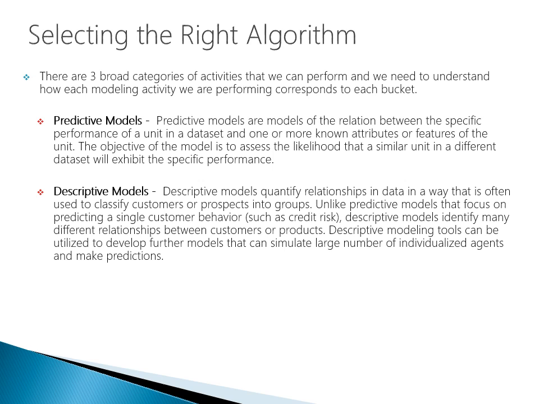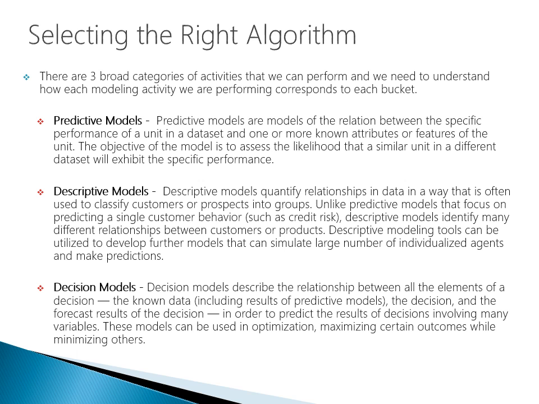Descriptive modeling tools can be used to develop further models that can simulate a large number of individualized agents and make predictions. So these are the classification type models. Decision trees are a form, even though they have predictive capabilities. But taking groups of data points and understanding how they relate to each other are part of the descriptive modeling process.